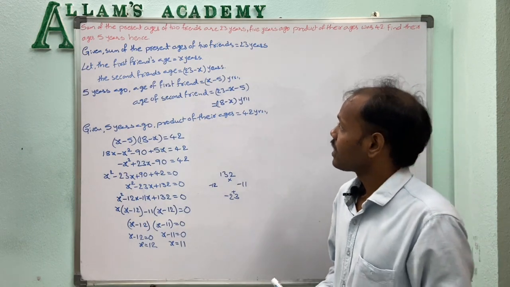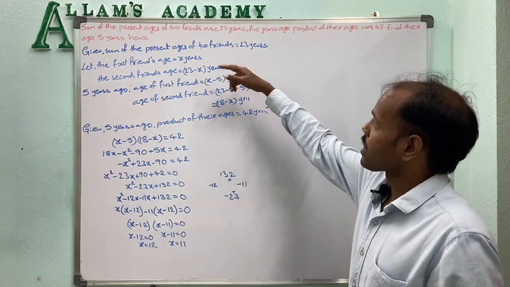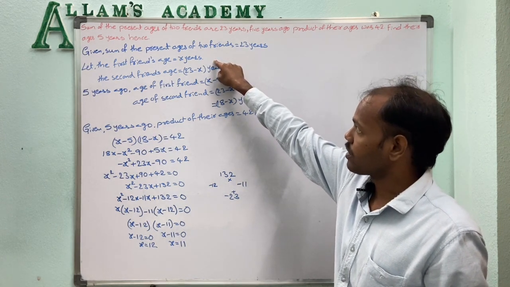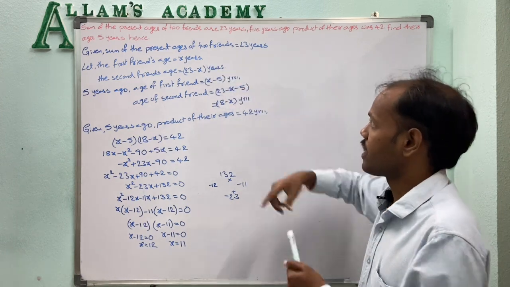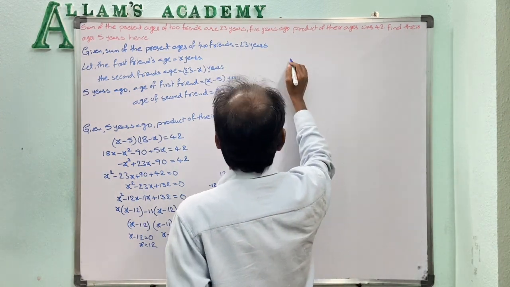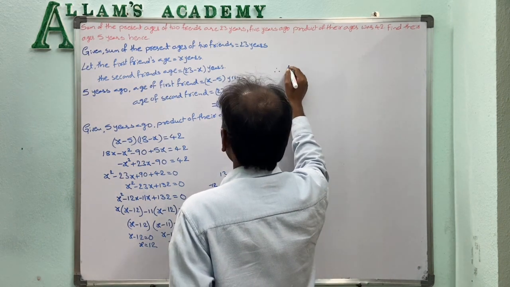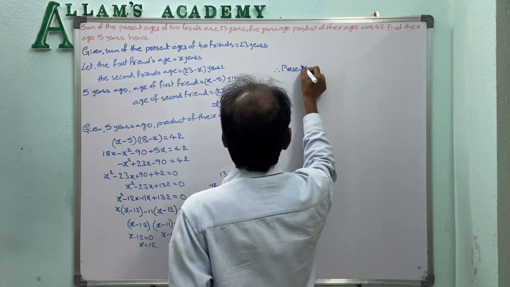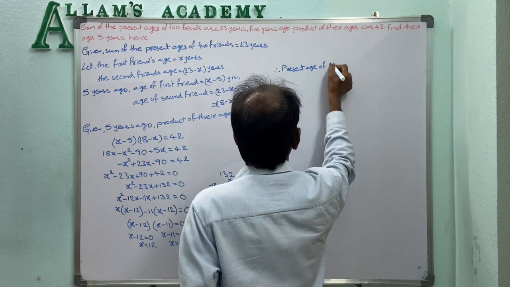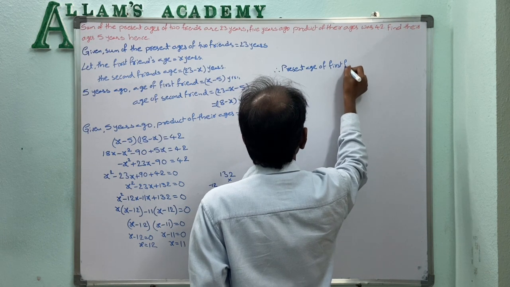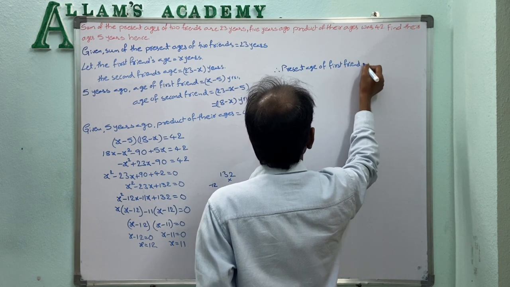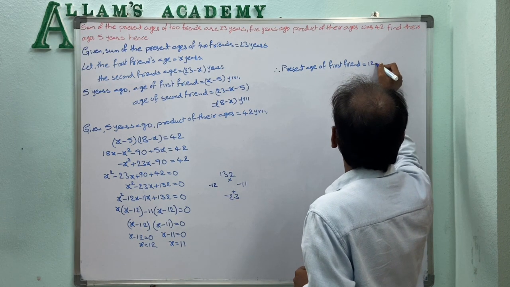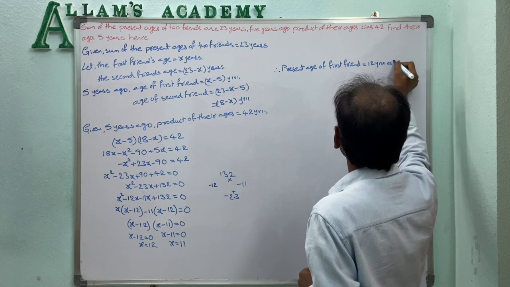That means the present age of the first friend is 12 years, otherwise 11 years.